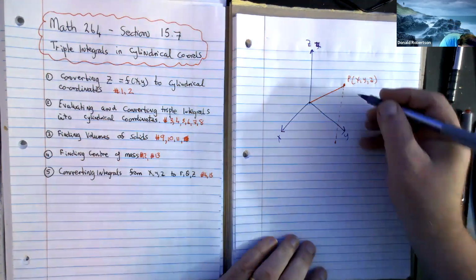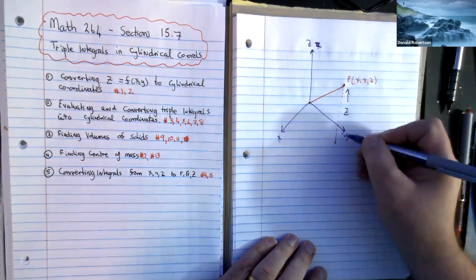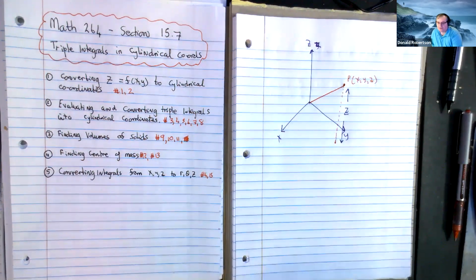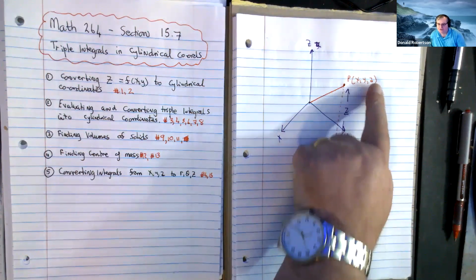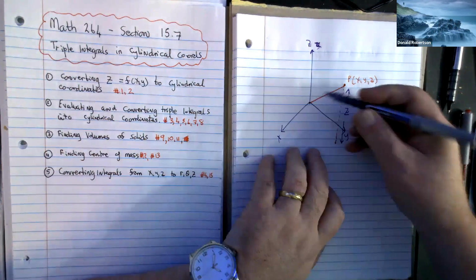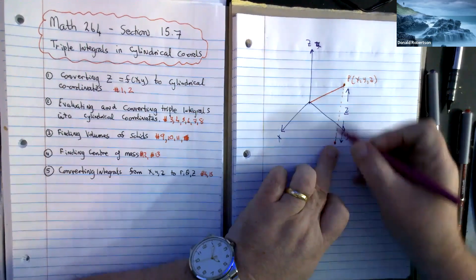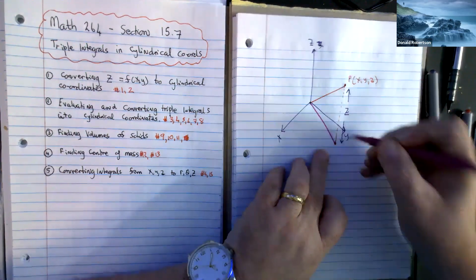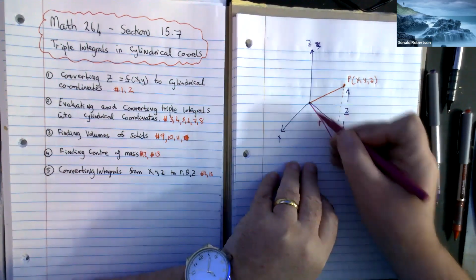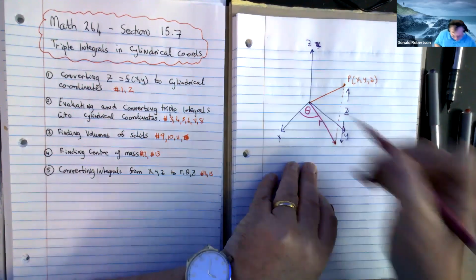What it does is it says that distance there is z, which is how high above the floor the point P, x, y, z is. So the z coordinates are actually the same in both cases. Then you take this line to this point on the floor, and that distance is r, and that angle there is theta.